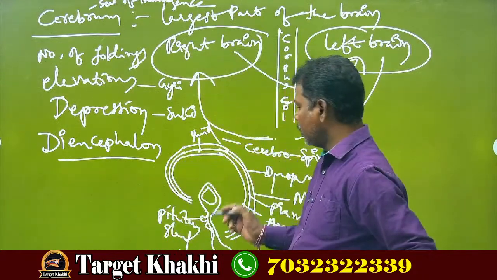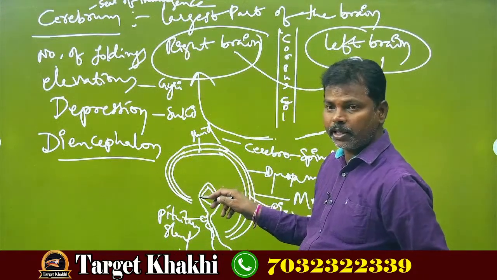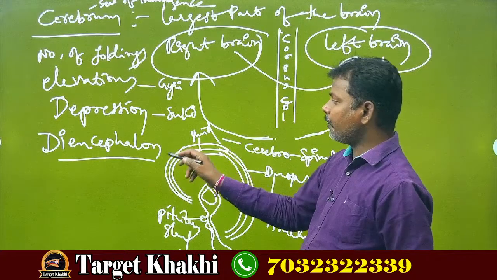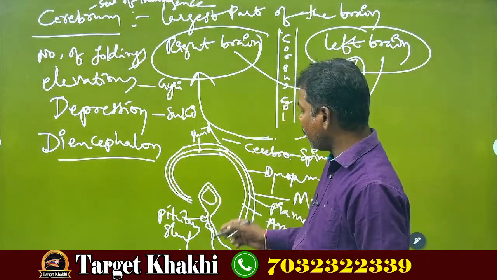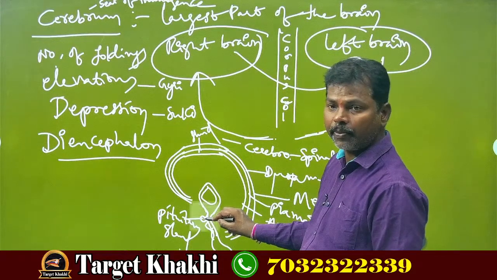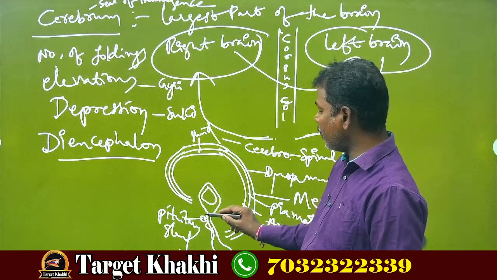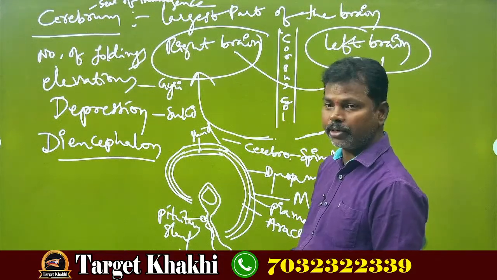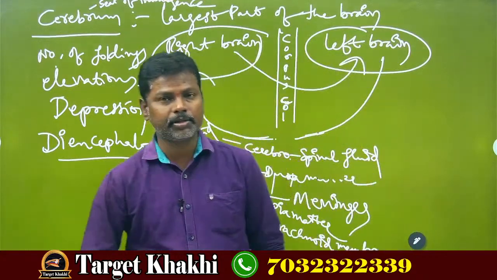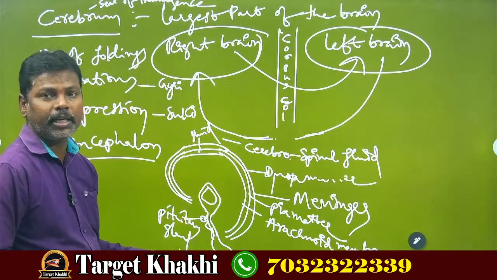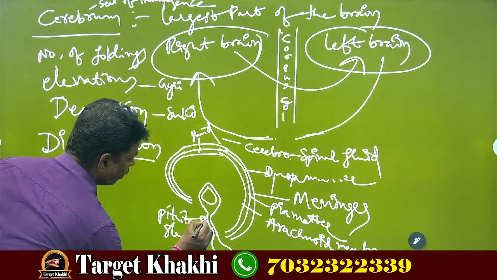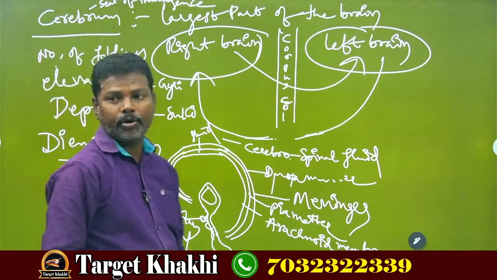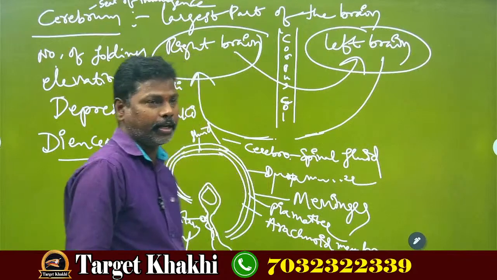Diencephalon is the rhomboidal shape present in the brain. Diencephalon is divided into hypothalamus and thalamus. Under hypothalamus, the pituitary gland is controlled. This pituitary gland is also called the master endocrine gland of the body. Of course, its size is pea size only, but it works more than other organs.